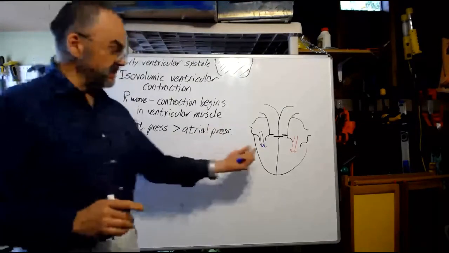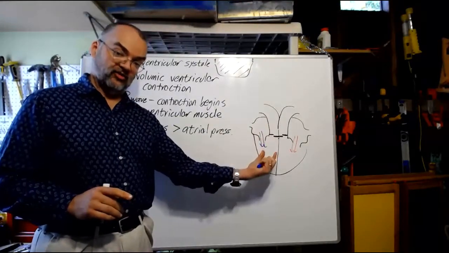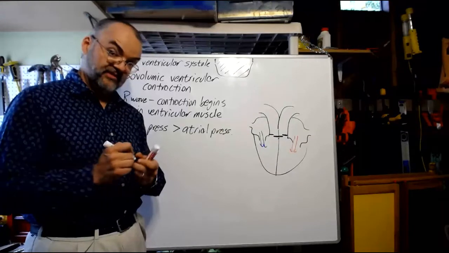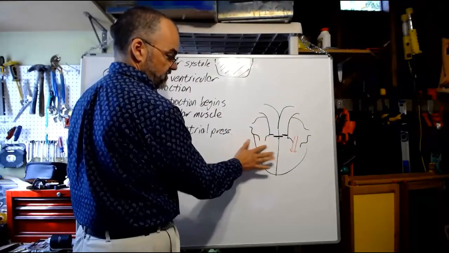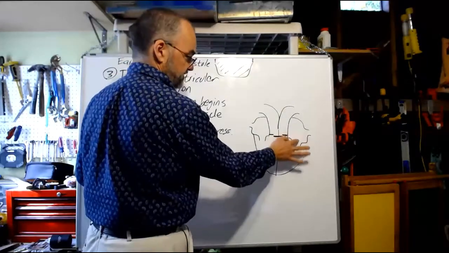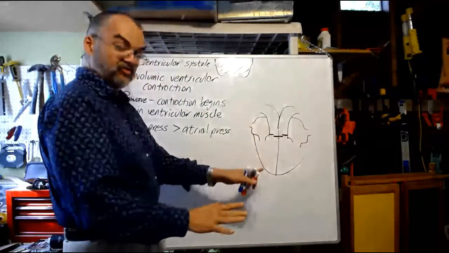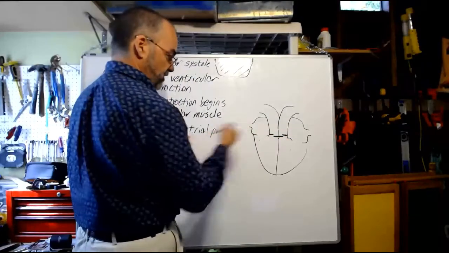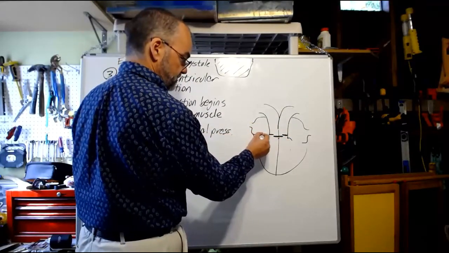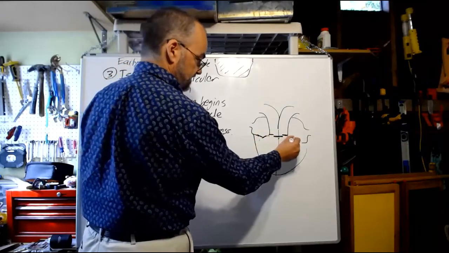Now, that's going to make blood try to flow from the ventricles to the atria. But remember, the atrioventricular valves aren't going to allow that. So this is going to cause this flow downward to stop, and as the blood tries to flow backward, the atrioventricular valves will shut.